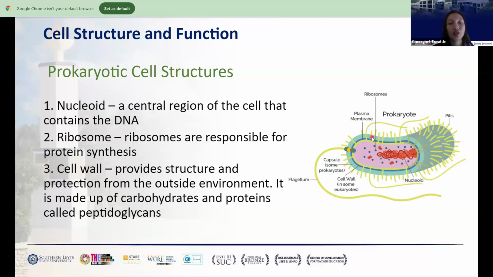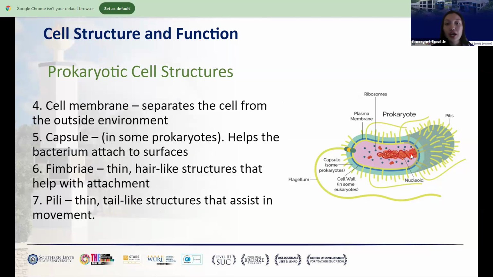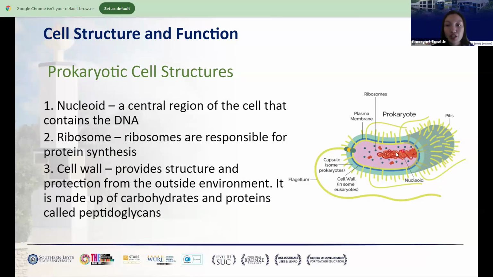Here in the central region, this is what we call the nucleoid. Unlike the nucleus, which has a distinct boundary where your DNA is enclosed, the nucleoid region is just the space where your DNA is loosely situated.